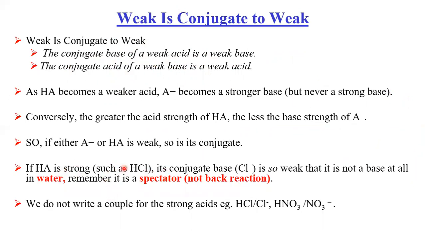Also, we already discussed that for strong acids such as HCl, we shouldn't really call the conjugate a conjugate again. It's better to call it a spectator ion, because there's no back reaction. So all of the couples, HCl and Cl minus, or HNO3 and NO3 minus, we don't write them as such.